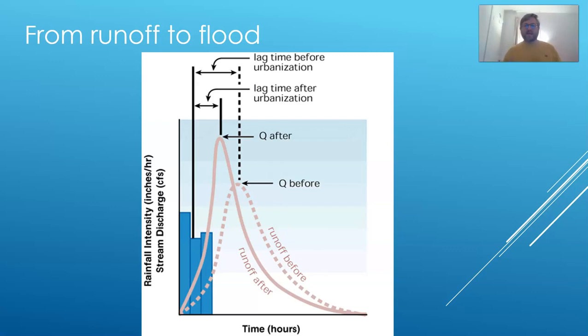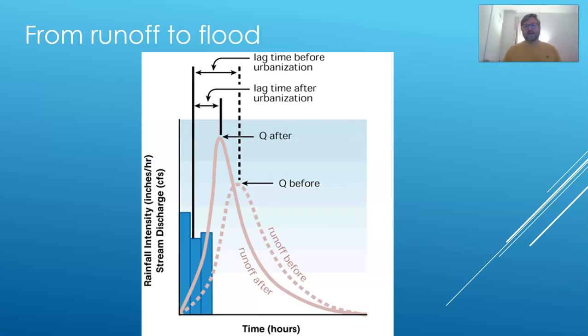So that means if you get rain falling, and in this diagram, the blue bars are indicating the amounts of rain that are falling on our place, so we've got several hours of rainfall happening. If that rainfall is falling on a largely non-urbanized area, you see that it's going to start running off into our streams, and it's going to take a while for it to get through to our streams.